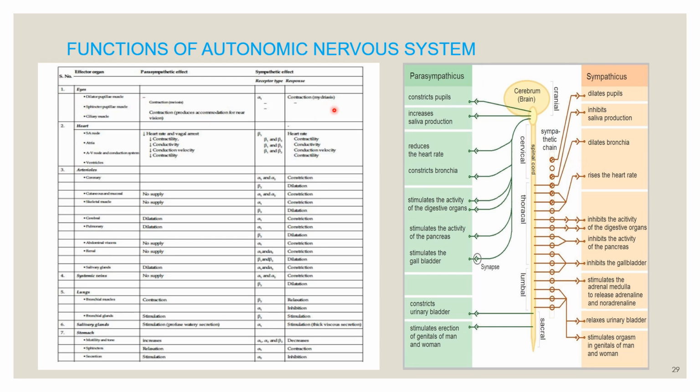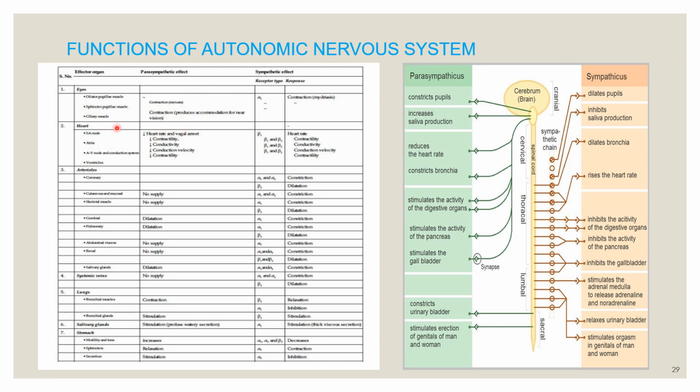Then the sphincter pupillae muscle has parasympathetic innervation. Stimulation of the parasympathetic nervous system in the sphincter pupillae leads to its contraction, leading to miosis. So exactly opposite mechanisms: mydriasis and here miosis.